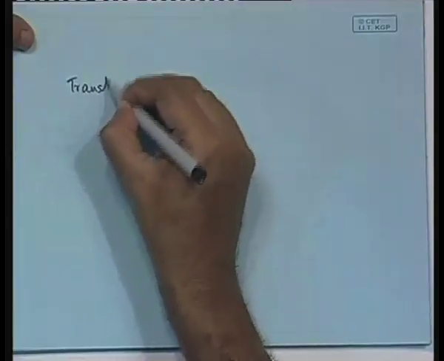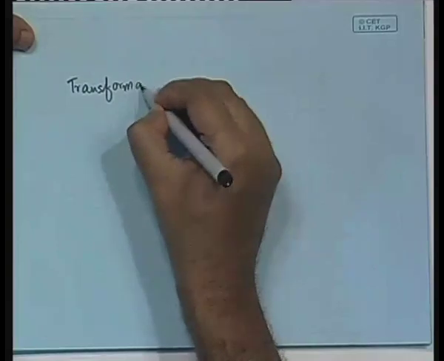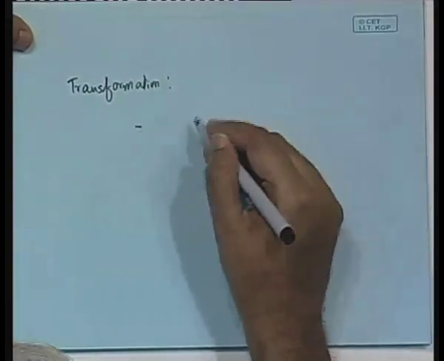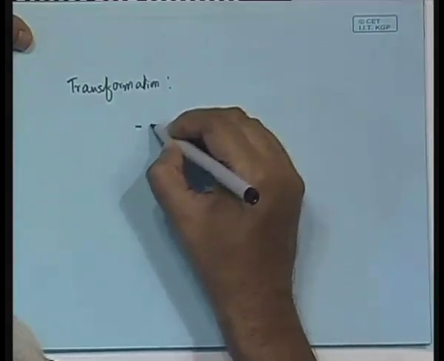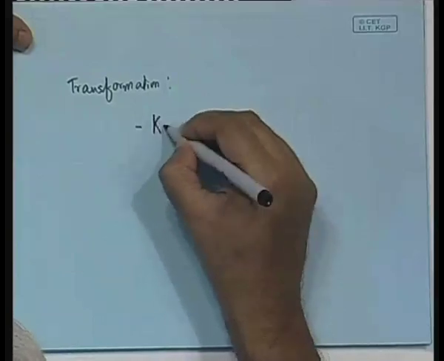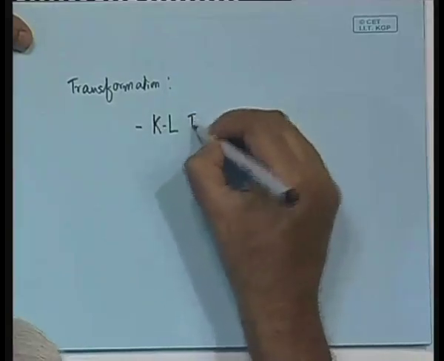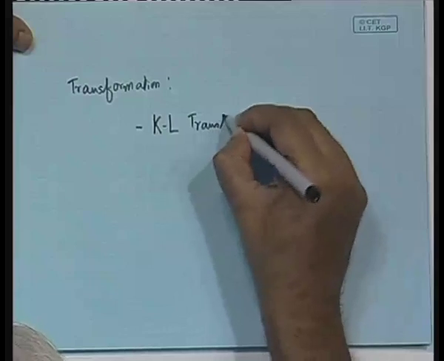Now, in that category, there are several popular transformations in existence, and in that we have first the optimal transform, which is the Karhunen-Loeve transform, referred to as the KL transform.